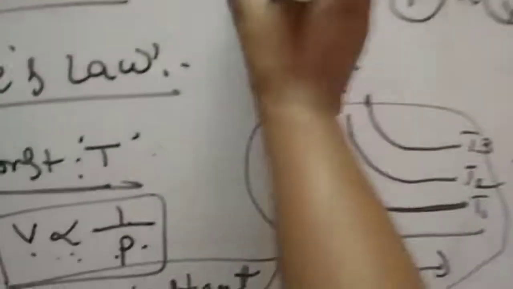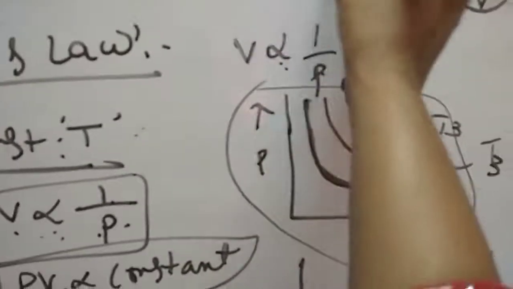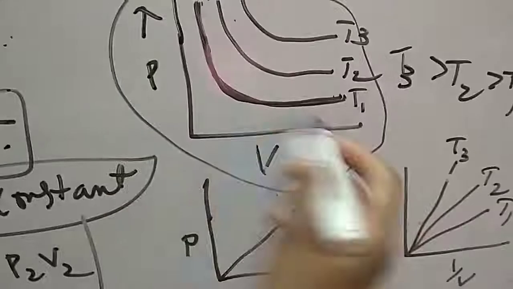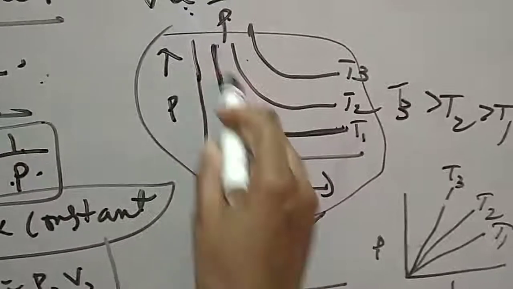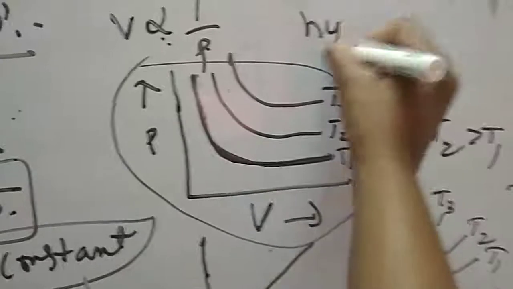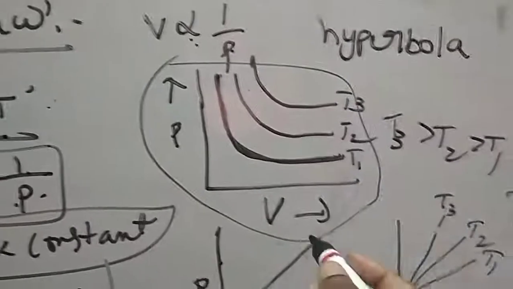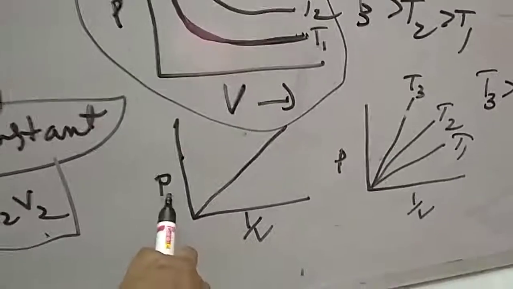So I have taken the graphs. V proportional to 1 by P. I have taken pressure and volume, both are inversely proportional to each other, so I got the graph as a hyperbola. And now I am taking this graph.